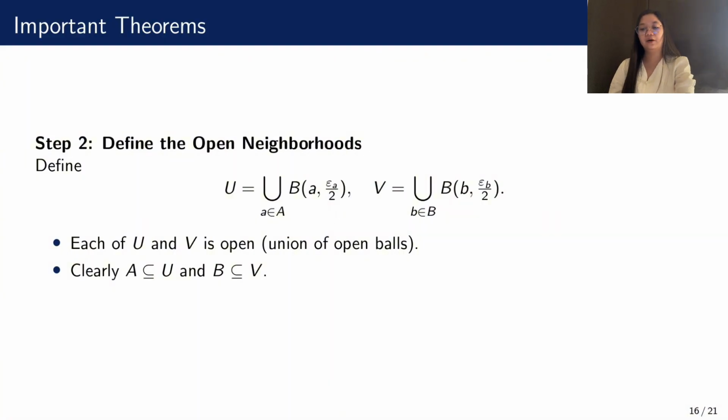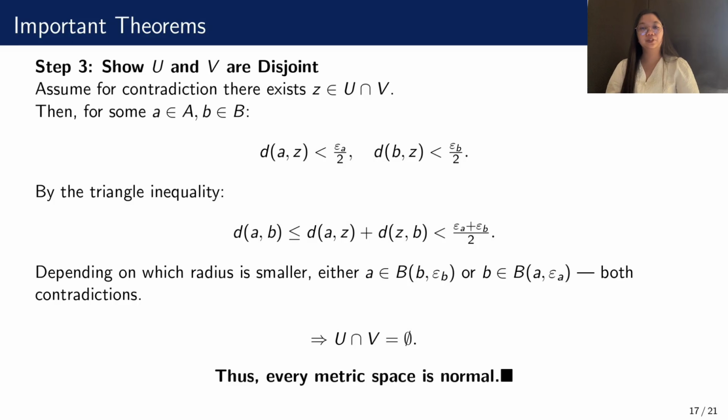Because we build them from balls centered at points of A and B, they contain those points. Okay, and then for step 3, we show that U and V are disjoint.